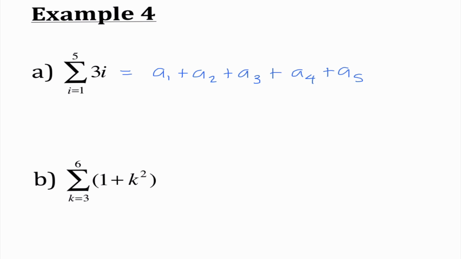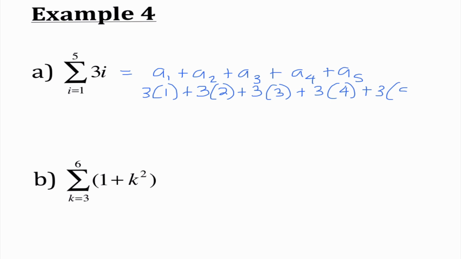So a sub 1 means that I'm replacing i with 1. So instead of 3i, I'm going to think of this as 3 times 1 plus 3 times 2 plus 3 times 3 plus 3 times 4 plus 3 times 5. So I get 3 plus 6 plus 9 plus 12 plus 15, which gives us 45.